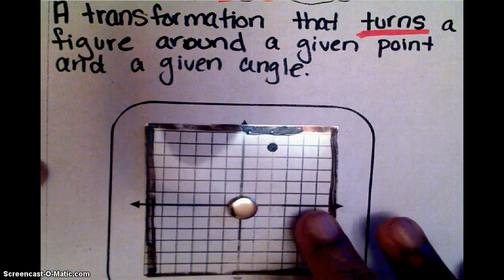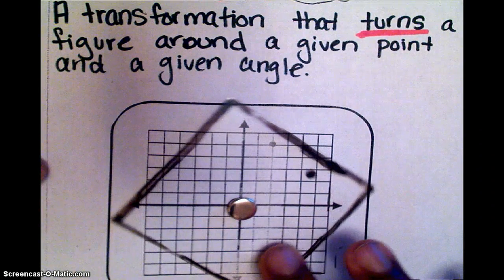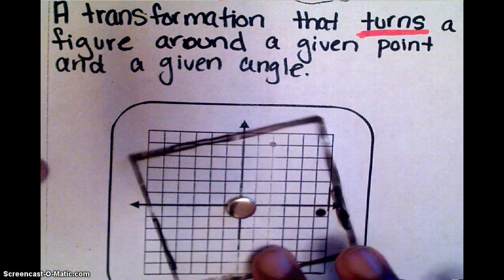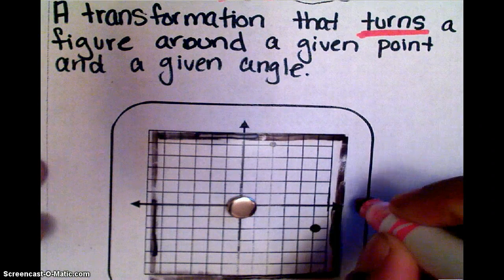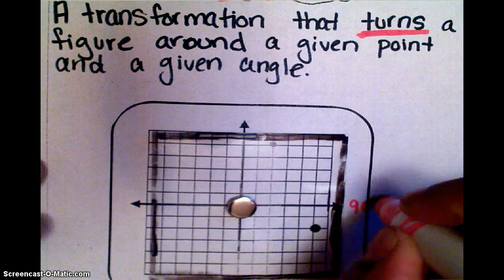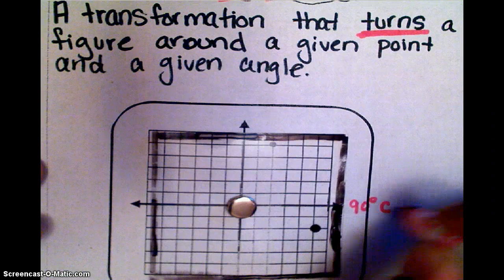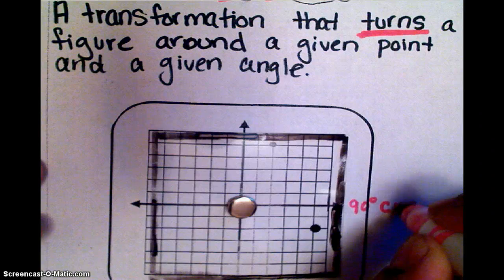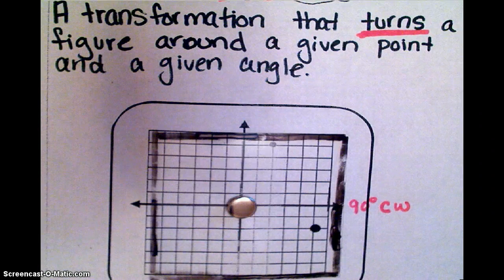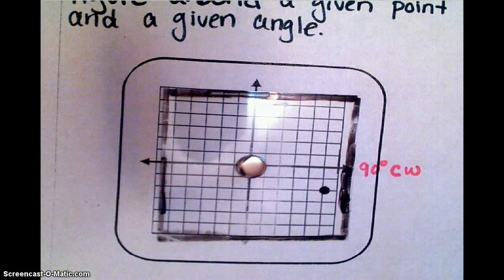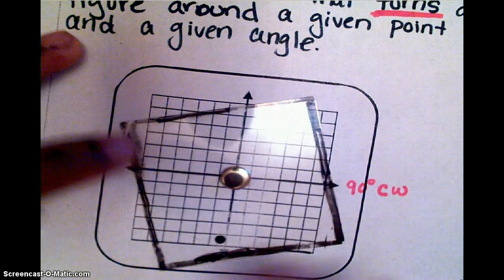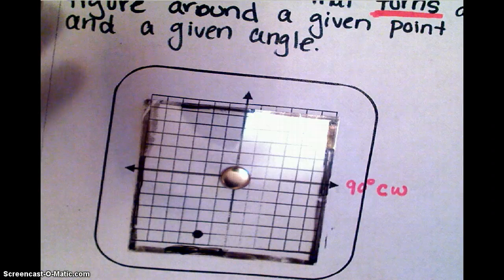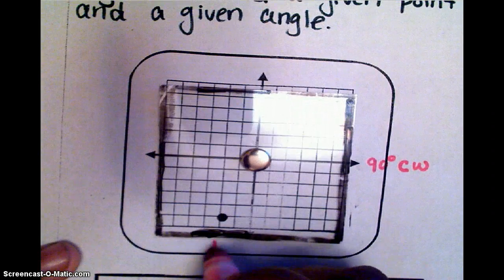Alright, so when I turn it 90 degrees and I go in this direction, I'm going clockwise. So I've turned it 90 degrees clockwise. Okay, if I have to do another 90 degrees, 90 plus 90 is 180 degrees.